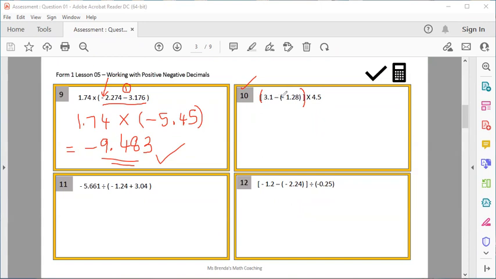You can see negative and negative, when it opens up, it's going to be a beautiful positive. There is nothing you need to do much other than to press 3.1 plus 1.28 in your calculator. So what do you get for the bracket? Tell me the answer for the bracket first.